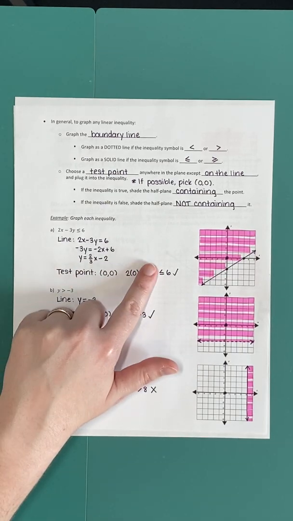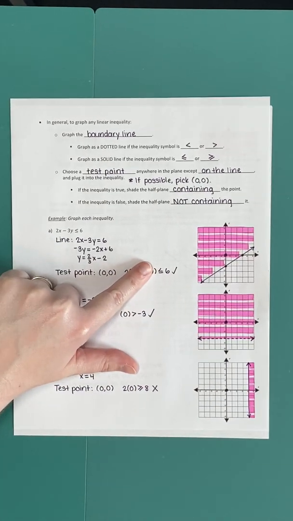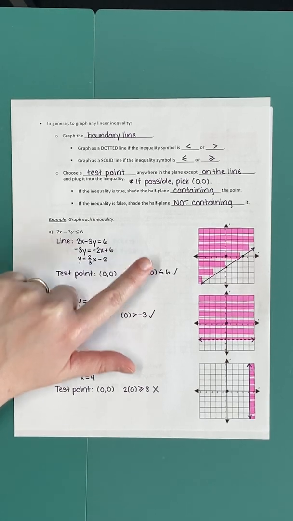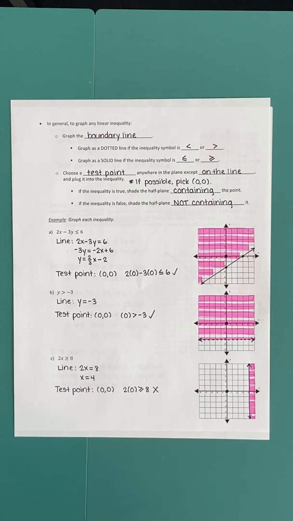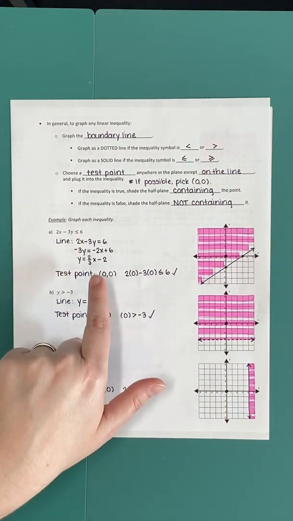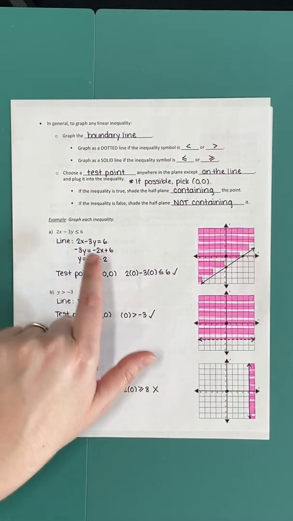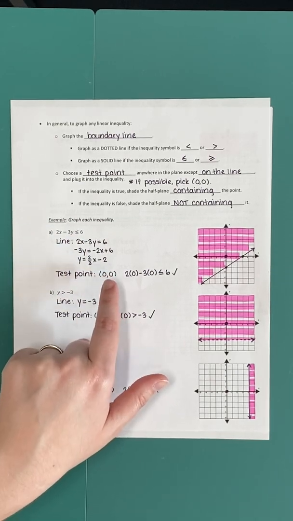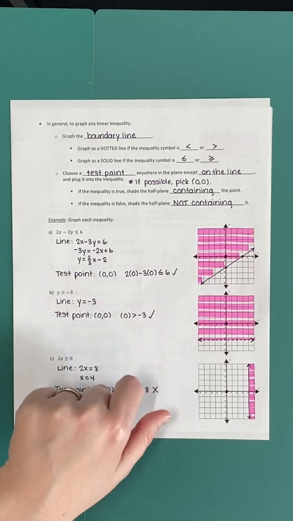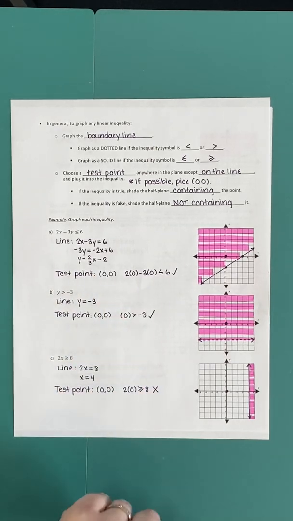So what this results in is 0 is less than or equal to 6. That is a true statement. 0 is less than or equal to 6. So what that tells me is 0, 0 makes my inequality true. So it's one of the ordered pairs and one of the points that's part of my graph.